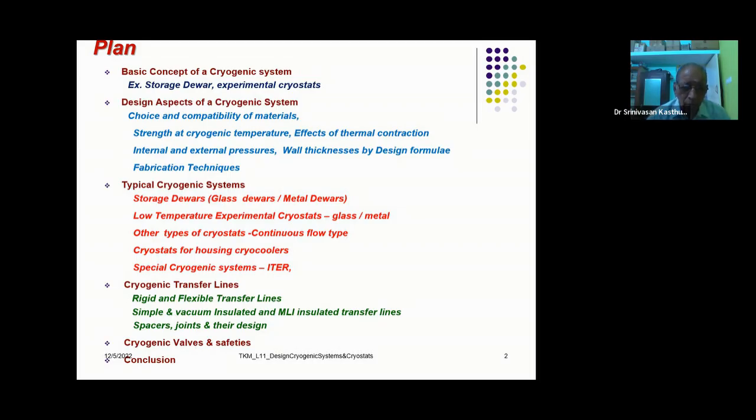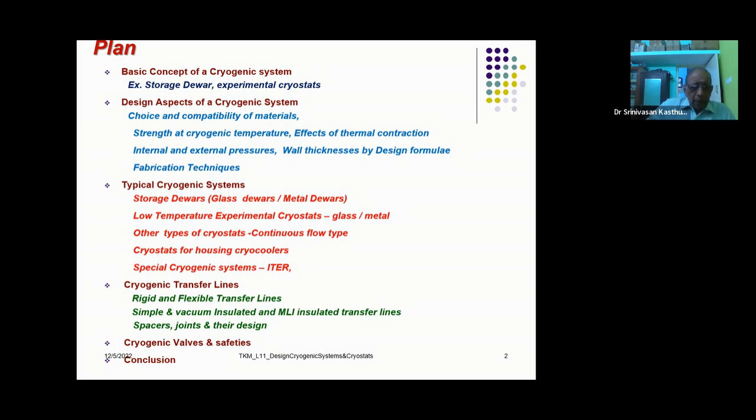In place of cryogenic fluids, you use cryocoolers because they are able to produce a certain amount of cooling power at the zone where it is required. So it requires a housing, and that should certainly be a vacuum jacket as well as radiation shields. So these things will be discussed next.